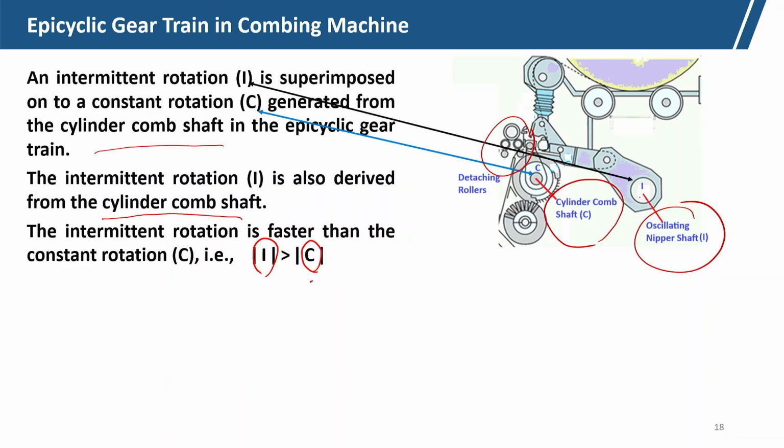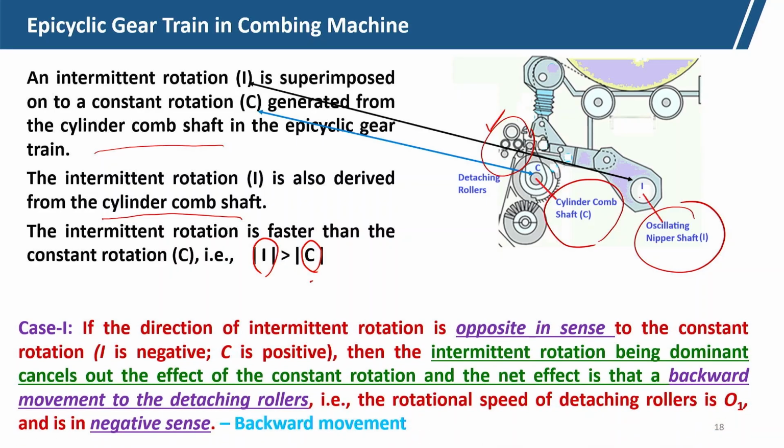Now, we will discuss in 3 stages, as we have discussed earlier in the comber. The detaching roller has 3 types of motion. One is the backward motion, the second is the fast forward motion, and the third is the normal slow forward motion. Case 1 will be the backward motion, where the direction of the intermittent rotation is opposite in sense to the constant rotation.